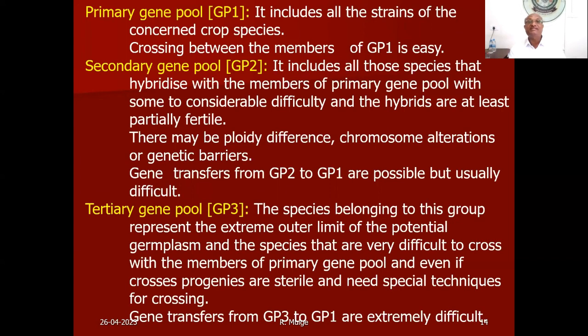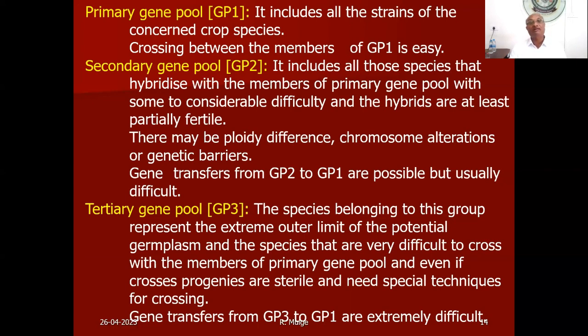Whereas secondary gene pool includes all the species that hybridize with the members of primary gene pool. They can get hybridized with that, with some to considerable difficulty. It's not easy.